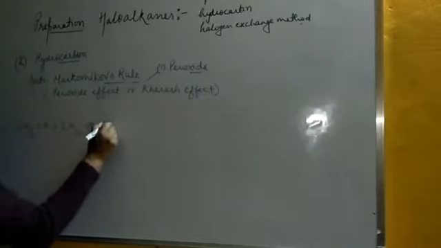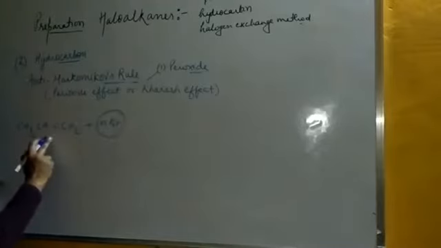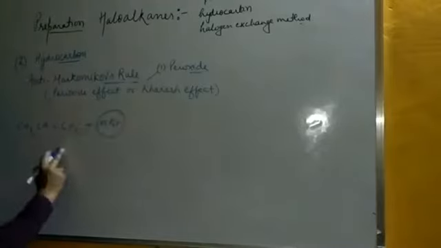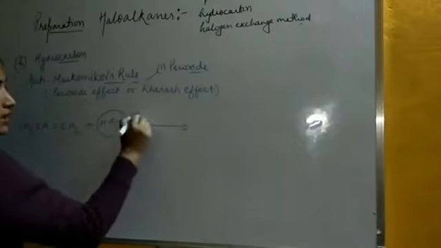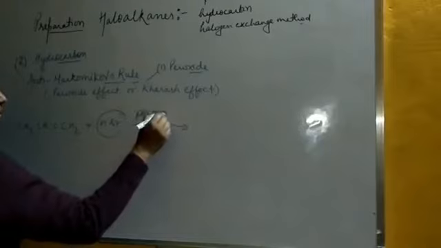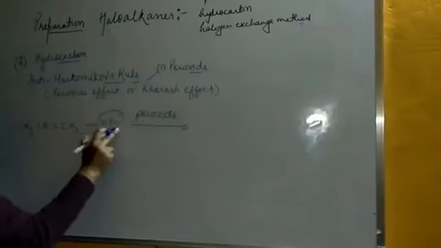So it goes in this way, CH3CH=CH2. In presence of peroxide, one more thing is there here: when the addition goes across the double bond in presence of peroxide, the presence of HBr is important here. It will not work with HF, HCl, HI, right? It will only work with HBr.